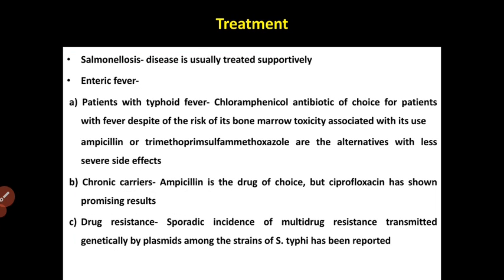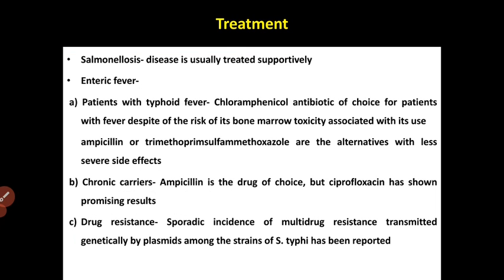Treatment. Salmonellosis disease is usually treated supportively. Now for enteric fever, in patients with typhoid fever, chloramphenicol is the antibiotic of choice for patients with fever despite the risk of its bone marrow toxicity. Okay, ampicillin or trimethoprim sulfamethoxazole are the alternatives with less severe side effects.